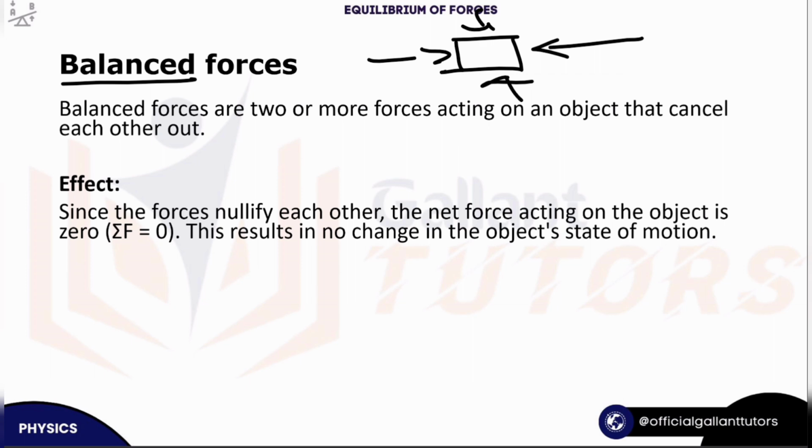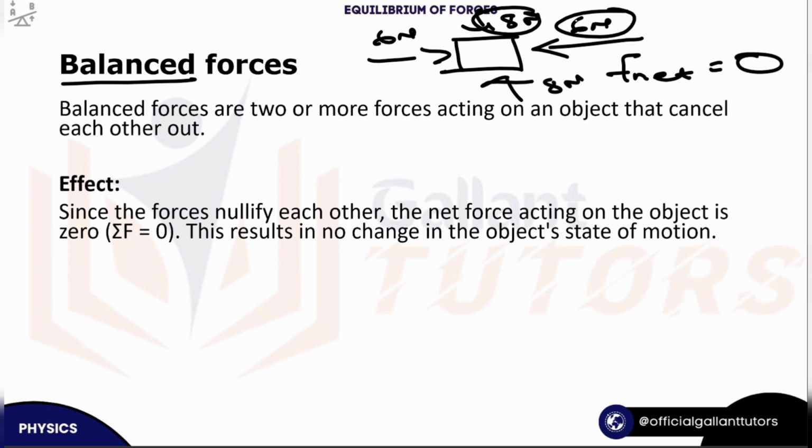So balanced forces occur when the total forces acting on an object cancel each other out. If, for instance, this is 6 Newton and this 6 Newton, this 8 Newton and this 8 Newton, what we have here are balanced forces. They must not necessarily be the same, I get it, but the net force of this is what? 0.